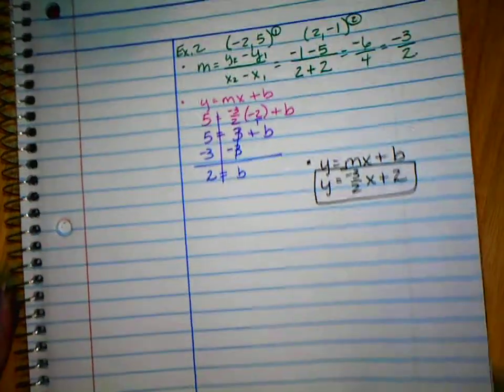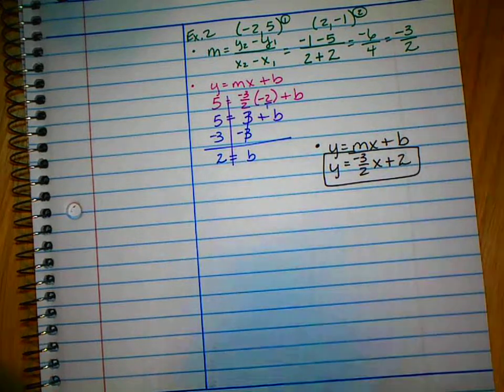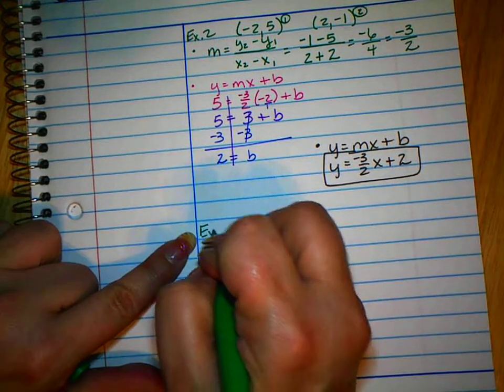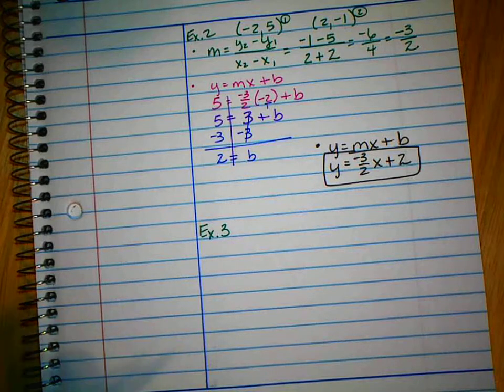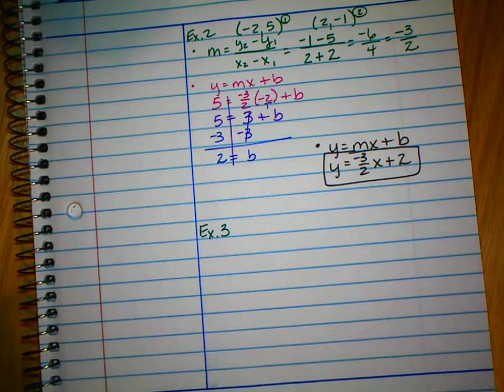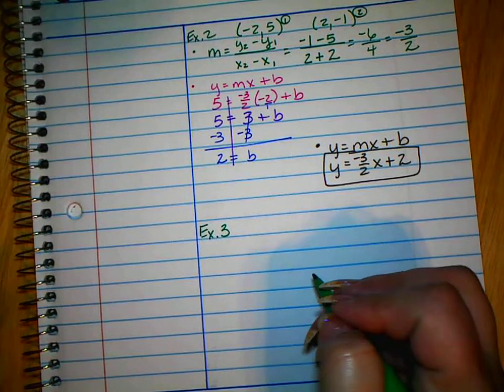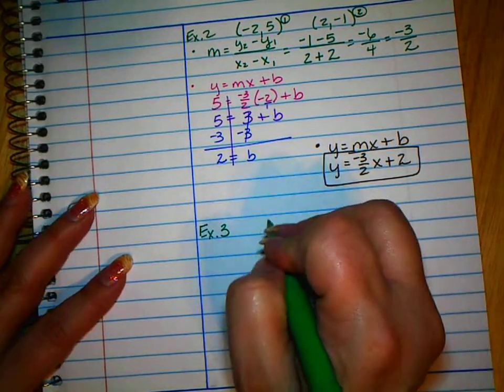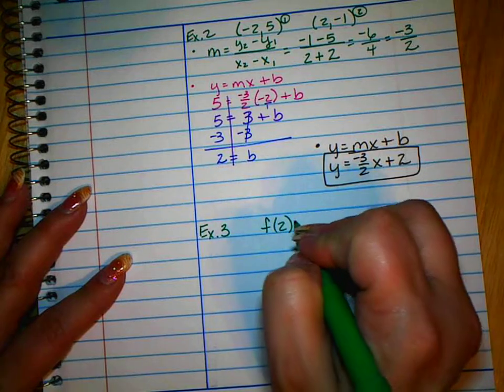Now, with working with function notation, we could be given our ordered pairs in a much different format than either on a graph or as a direct ordered pair. We could be given something like this.